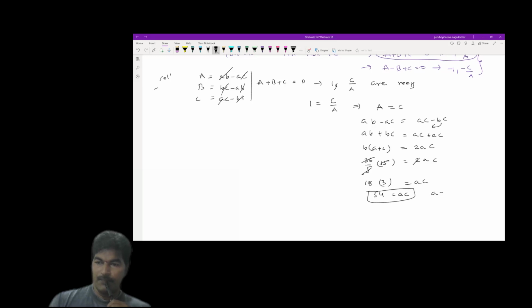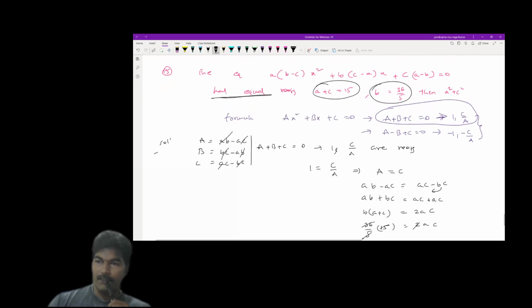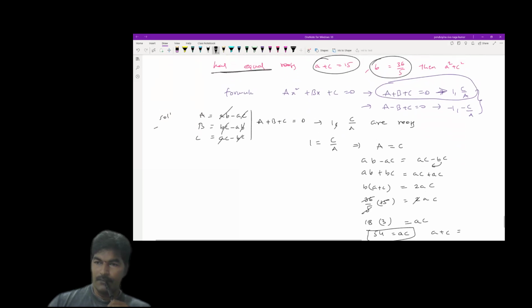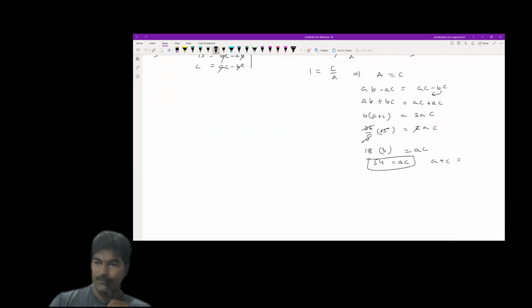What is the question? We need a square plus c square. We know a plus c is 15 and ac is 54. You can write a square plus c square as (a plus c) whole square minus 2 into ac. So 15 square minus 2 into 54.